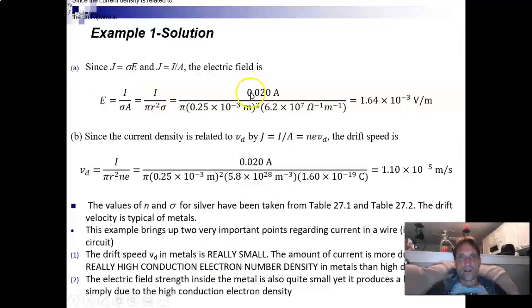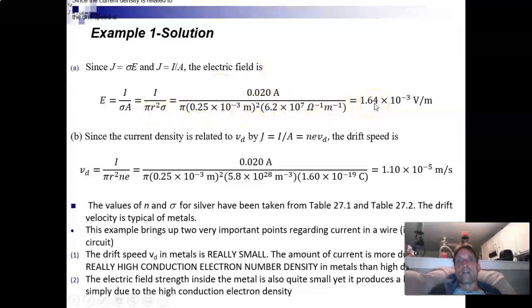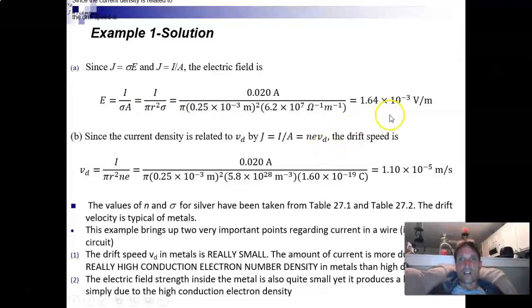We plug in the current, 20 milliamps, or 0.02 amps, and the cross-sectional area, pi r squared, and then the conductivity for silver, and we get that the electric field strength is 1.64 times 10 to the negative 3 volts per meter. So that's the electric field strength.